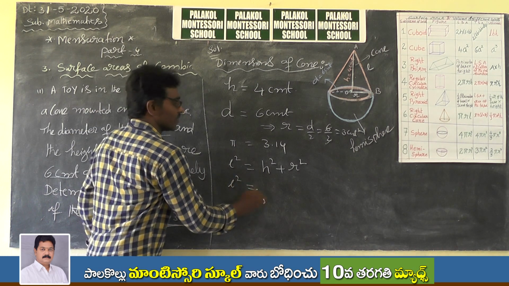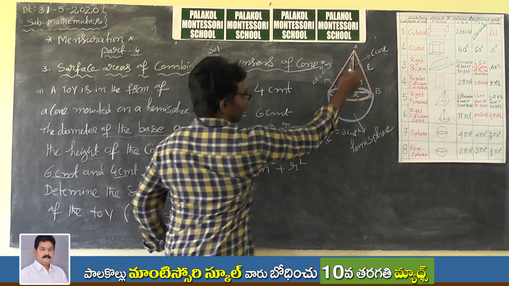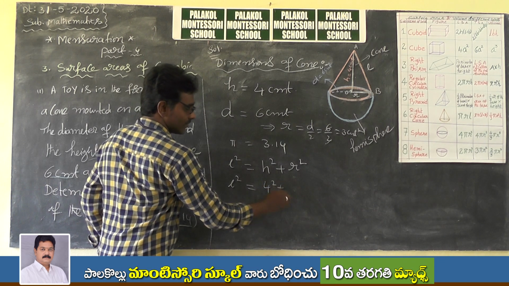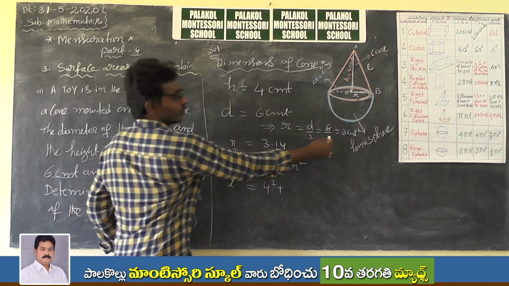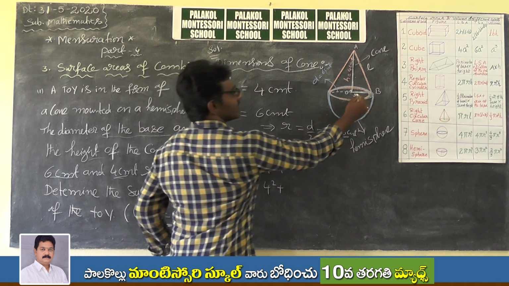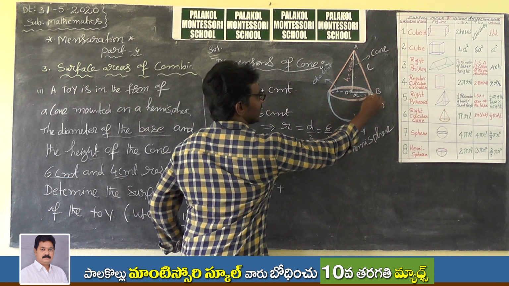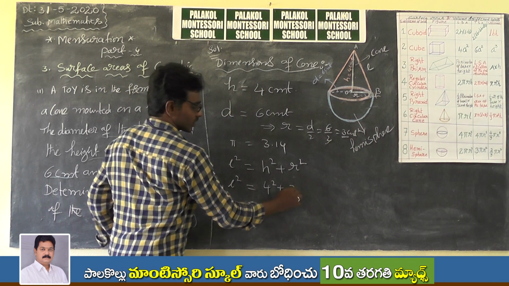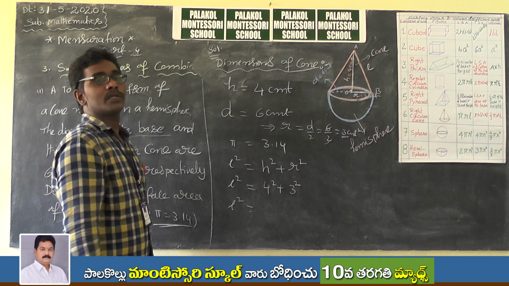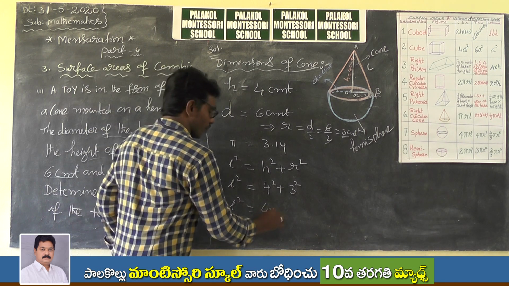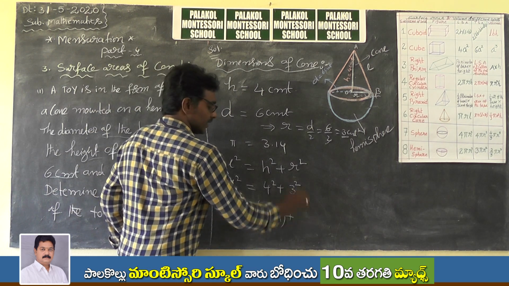So l square is equal to 4 square plus r square, where r is equal to 3 centimeters. So l square is equal to 4 into 4 plus 3 into 3.